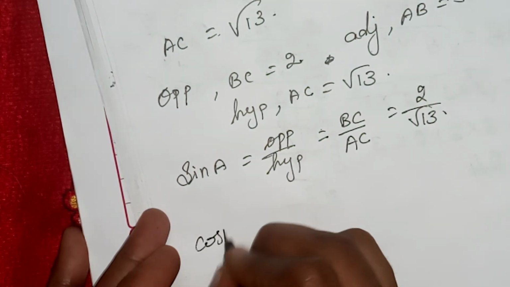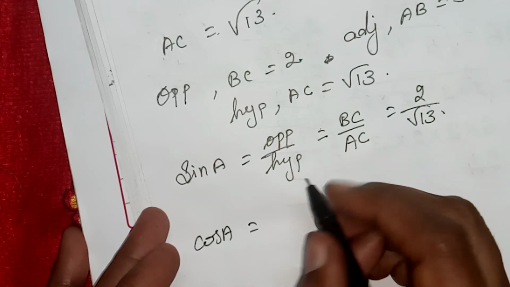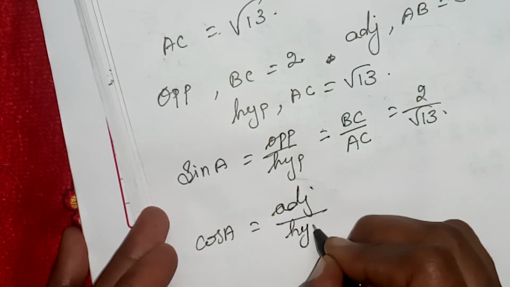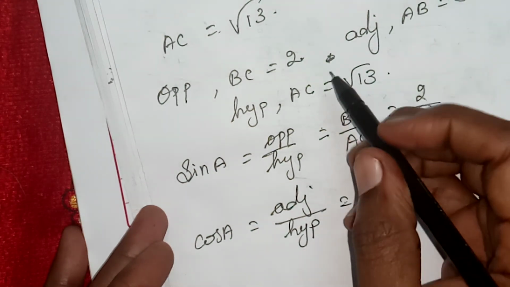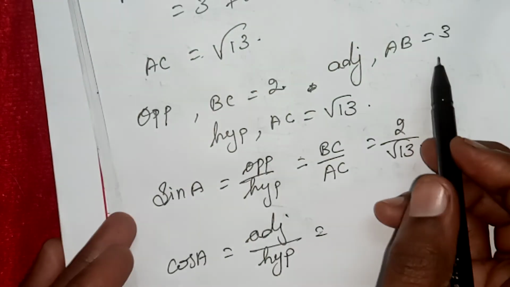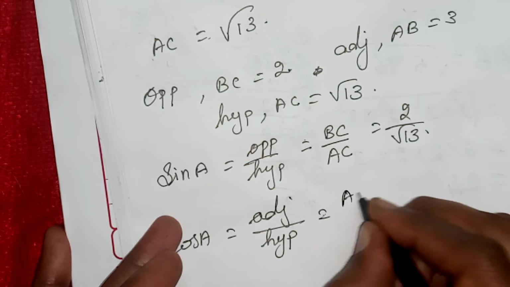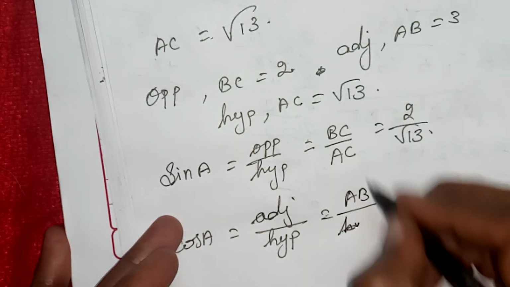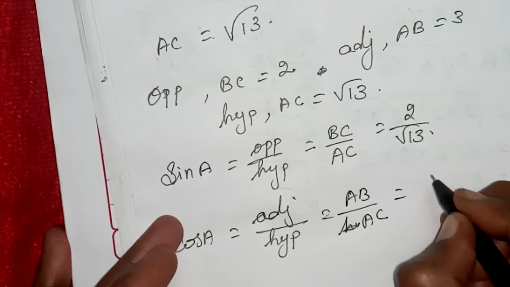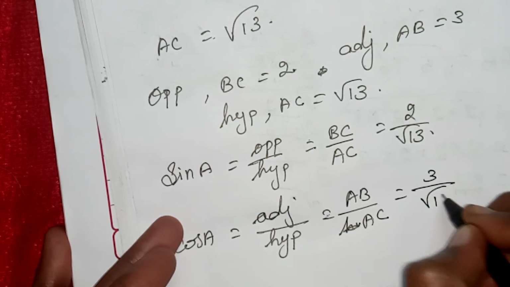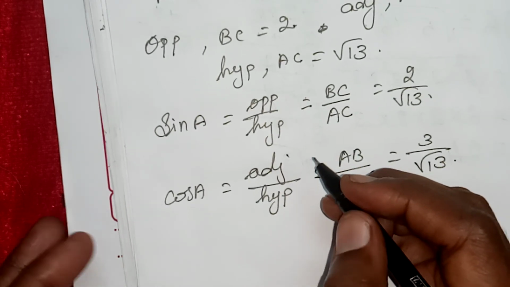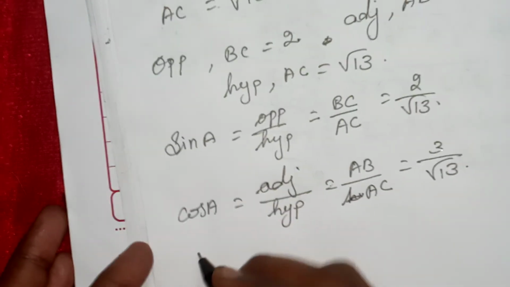Next cos A is adjacent side by hypotenuse, AB divided by AC, which is 3 by root 13. Tan A is already given, so we need not find that.